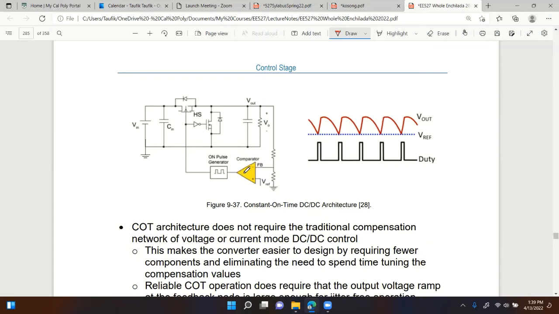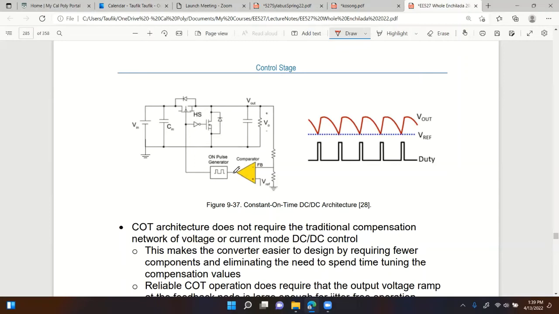In current mode controller and voltage mode controller, you have two op-amps. You have the comparator and you have the error amplifier. Here you only have the comparator. So it eliminates one of the amplifiers. Simpler. Eliminates the clock. Simpler.